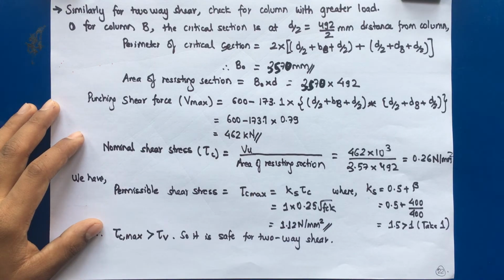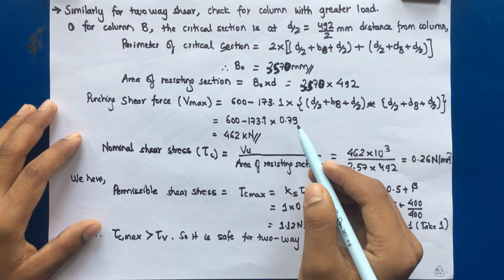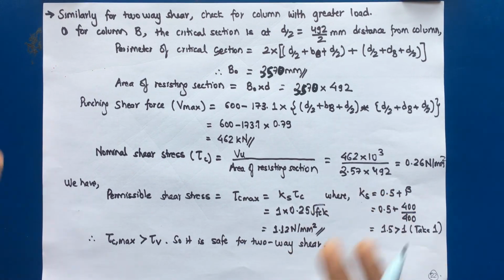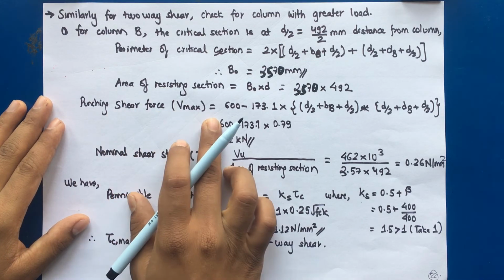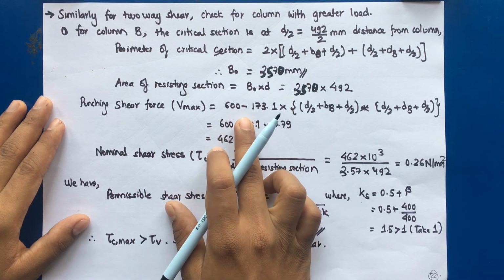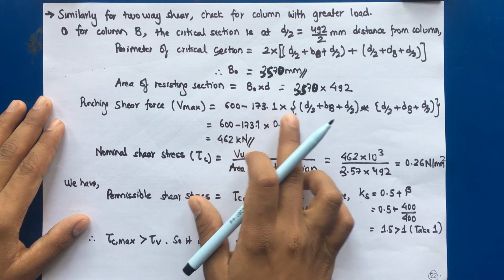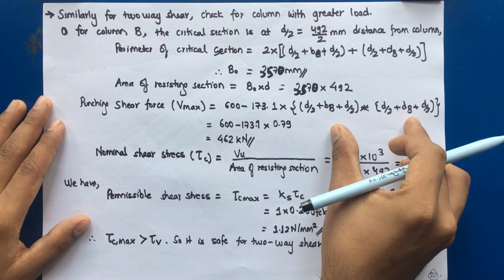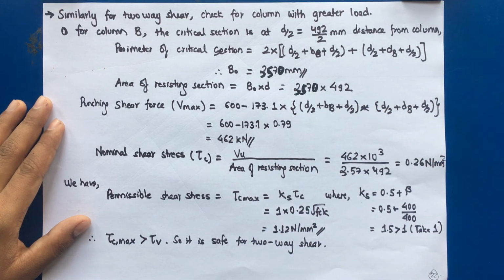And the area of resisting section will be b0 into d, that is the area which is responsible to withstand the punching effect of the column or the punching effect of the load. Punching shear force Vmax is equal to 600 minus 173.1 into the plan area of the critical section.